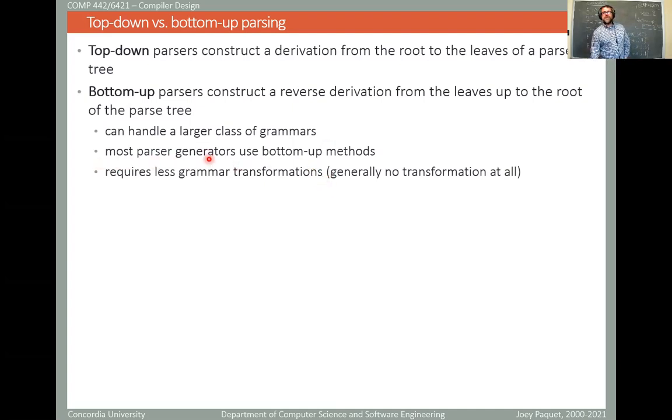Most parser generators will use bottom-up methods. If you use an automatic program that will generate a parser, which you always end up doing when you are building an industrial compiler, you don't do that by hand. You can implement a tool that will automatically generate the table from the rules of the grammar, much like when I explained how to generate the LL1 table from the grammar.